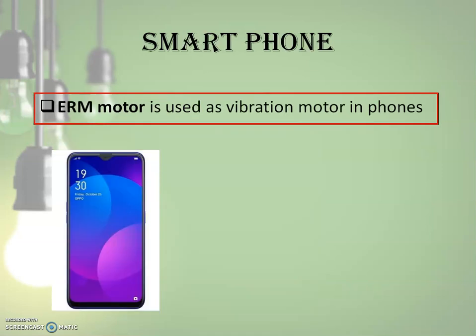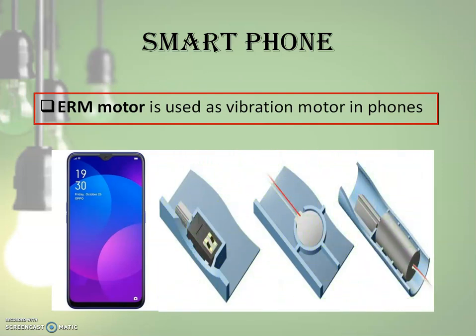Now coming to a smartphone, yes, that pocket-sized computer in your bag or pocket does have a couple of motors inside it too. And one of them is easy to find, the one that gives your phone a vibration. The most widely used cell phone vibration motor in the market is an ERM motor, an eccentric rotating mass vibration motor.